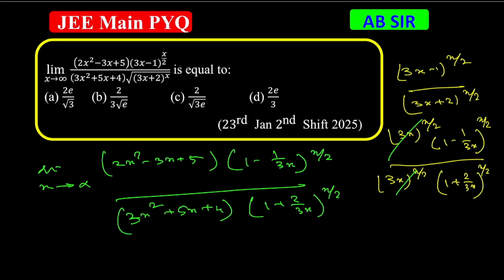Now just see one thing, in this case the maximum power in these two polynomials in the numerator and denominator should be x square. So let us divide by x square.